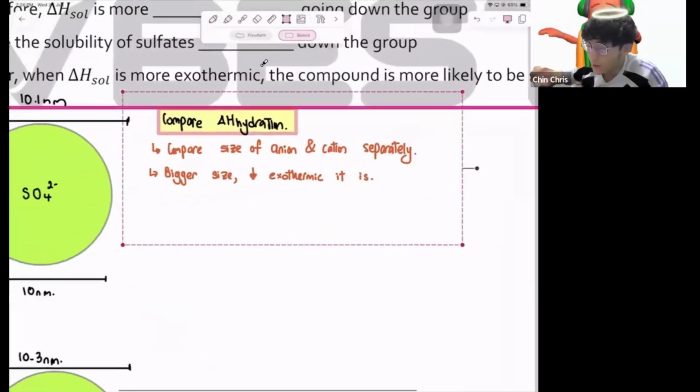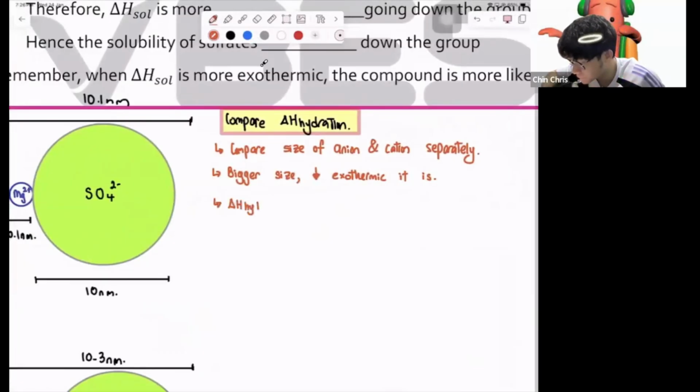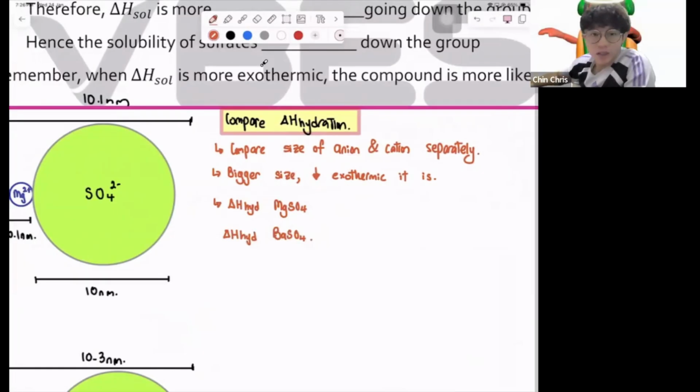Now let's look at delta H hydration of BaSO4. I can put MgSO4 and BaSO4. For delta H hydration of magnesium sulfate, let me search up the value. I'm going to put a real value here.